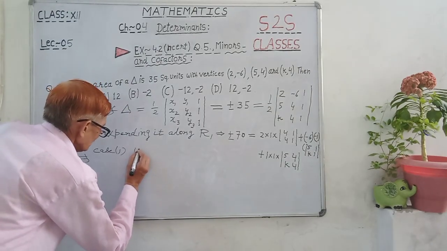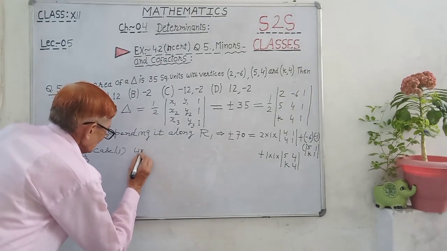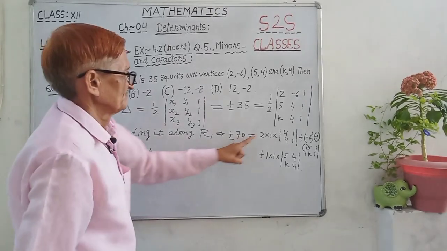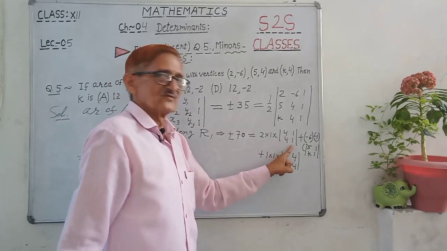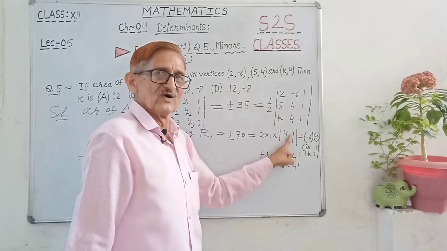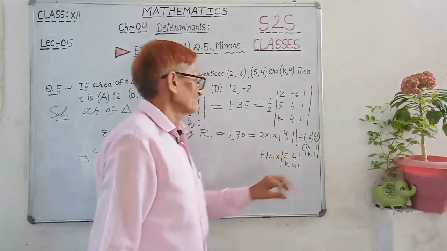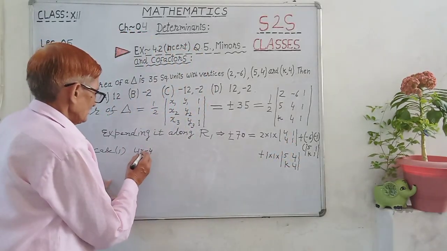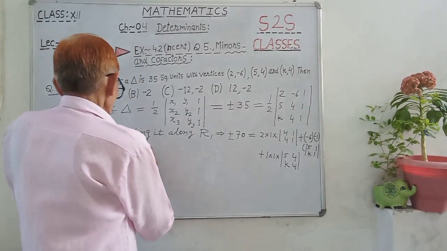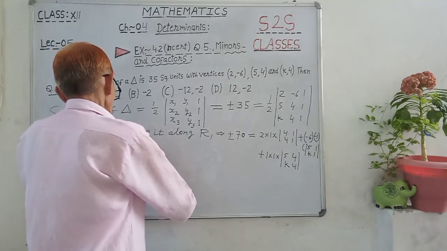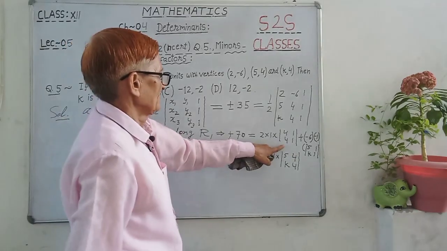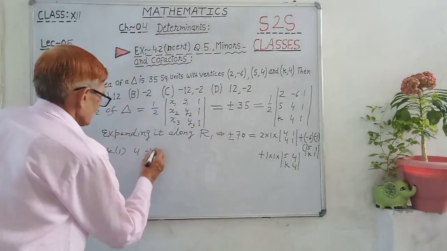This is 4 into 1 is 4, and then plus 1 into minus 1 into 4, then minus 4. So 4 minus 4, this, and multiply by 2.